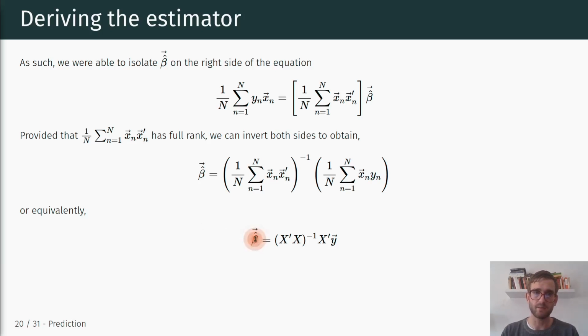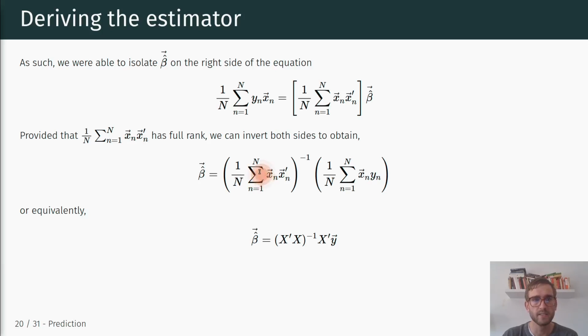This beta hat vector contains the intercept and all the beta 1, beta 2, beta 3, and so on up to beta k that are included in our model, right? And you can directly see, if you followed the jump from the vector form to the matrix form, this is the same equivalent expression.